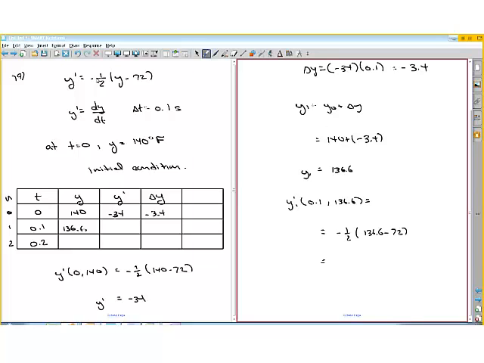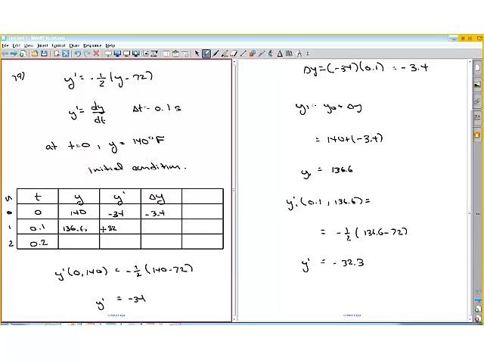Just plugging in here, so we have negative 0.5 times (136.6 minus 72), which is negative 32.3.